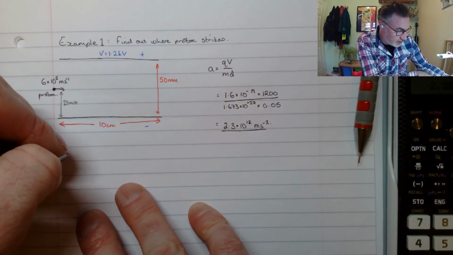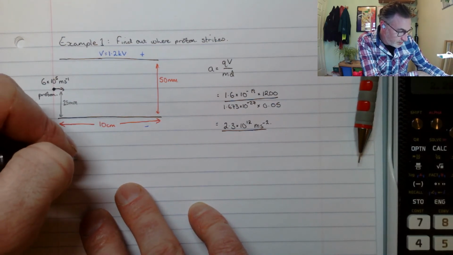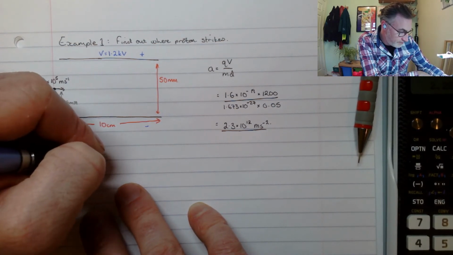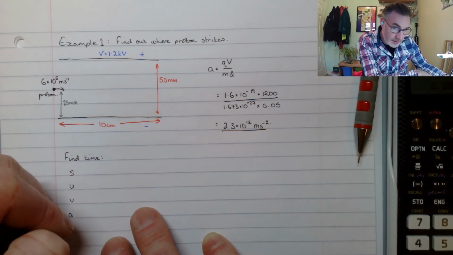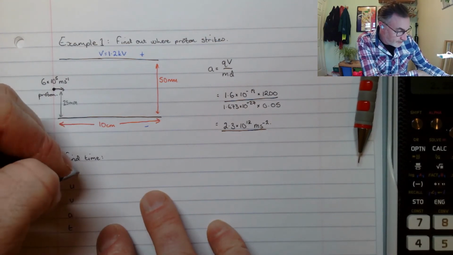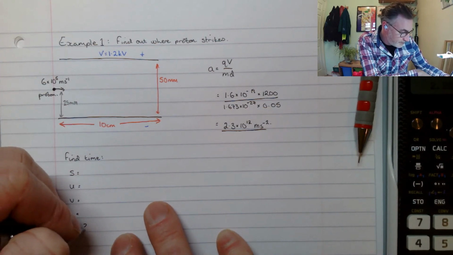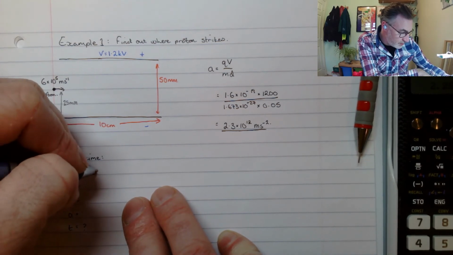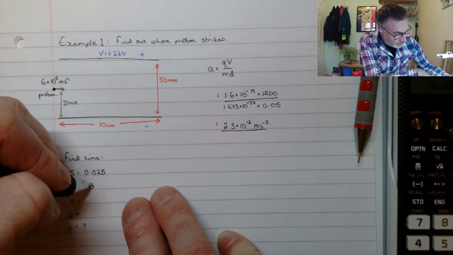So we're going to do suvat, and what we want to do is find time. So time there, and we're going to have s = 0.025, u = 0.